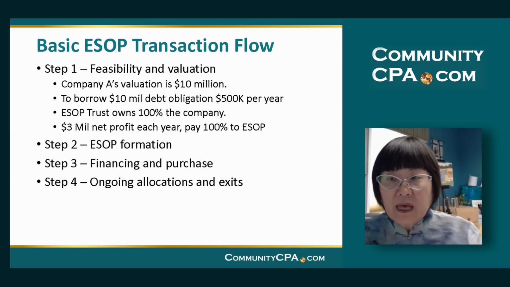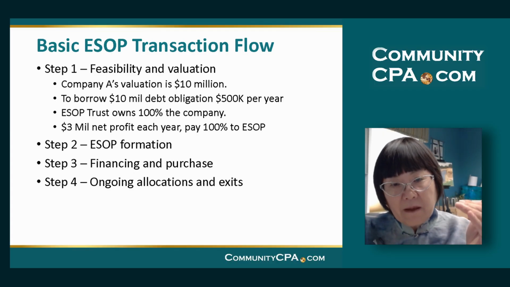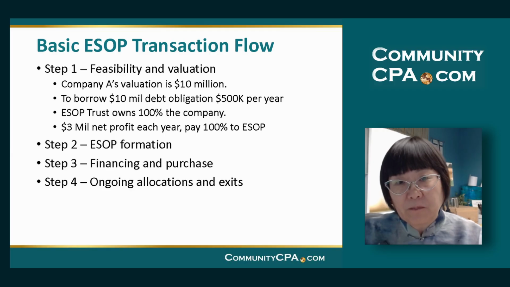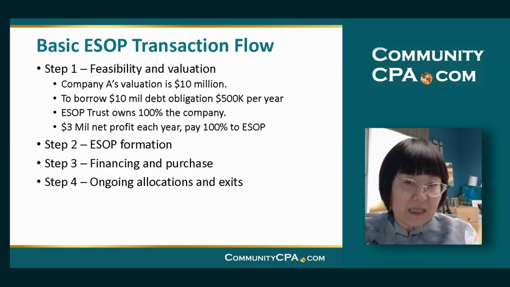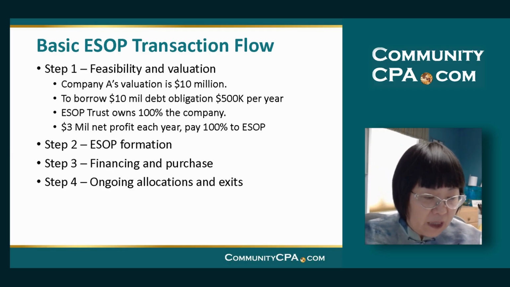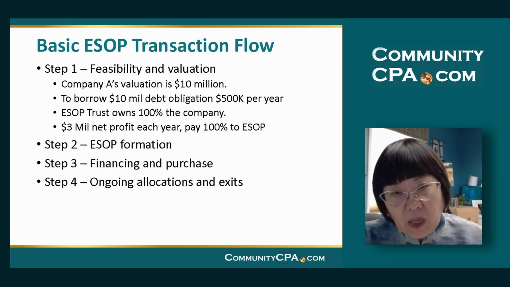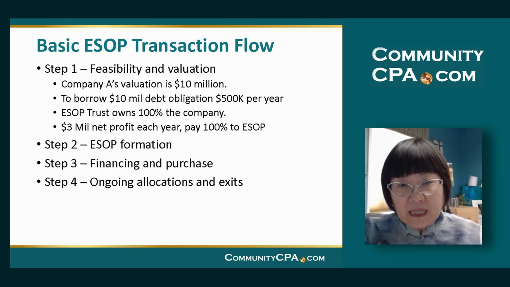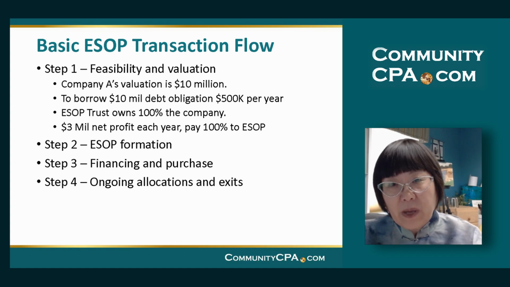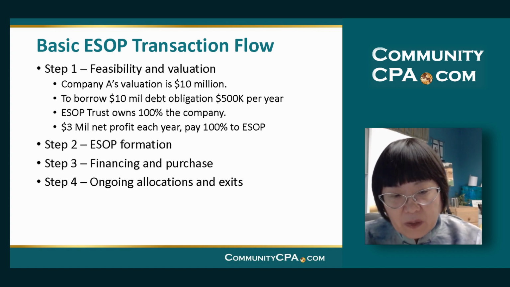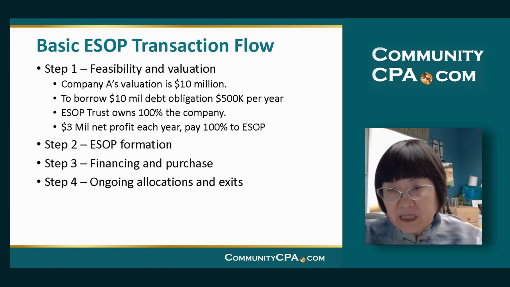It's actually the biggest step in this 4-step transaction flow. Normally the company, just like this business owner, comes to me and we talk about the business, and we talk about the possibility of an ESOP. The conversation lands where, okay, let's get the valuation done, then we do a feasibility study.